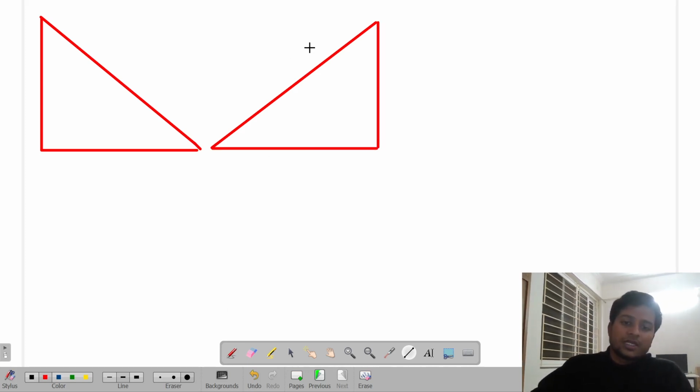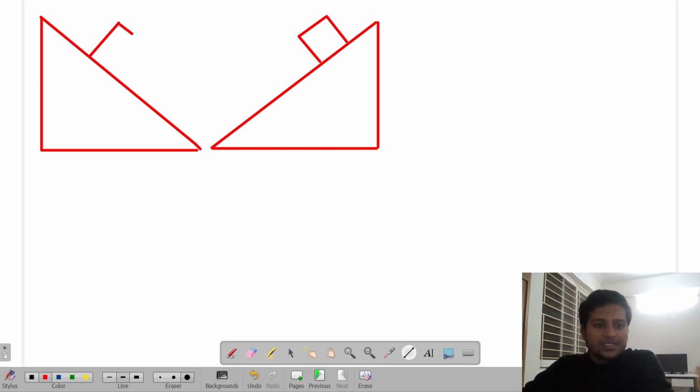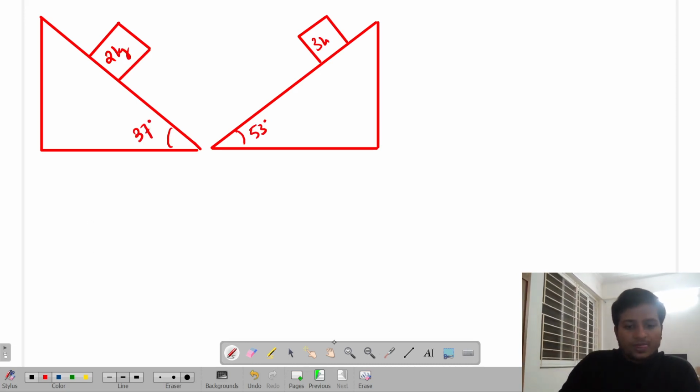And from both of the inclined planes, two objects are dropped, एक एक ऑब्जेक्ट। एक की मास 2 kg है, इसकी मास 3 kg है। यहाँ पे एंगल ऑफ इंक्लाइनेशन 53 डिग्री है, यहाँ पे 37। ठीक है। अगर दोनों के केस में बेस लेंथ दिया हुआ है, क्या दिया हुआ है?